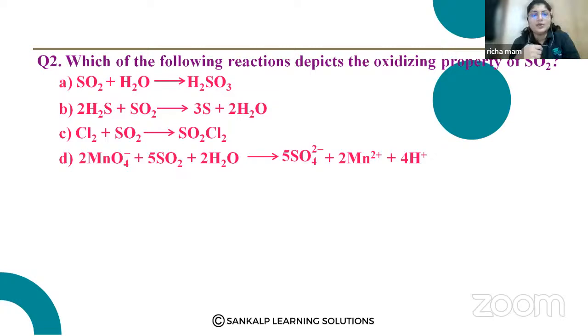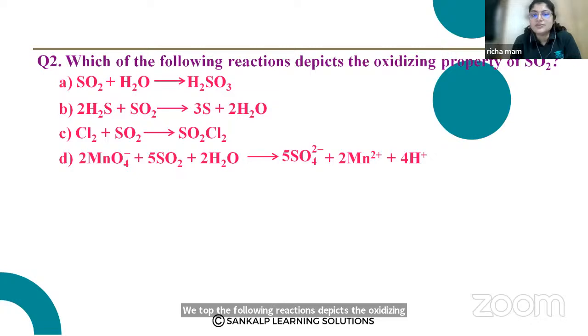Which of the following reactions depicts the oxidizing property of SO2? A, SO2 plus H2O giving you H2SO3. B, H2S plus SO2 giving you S plus 2H2O.